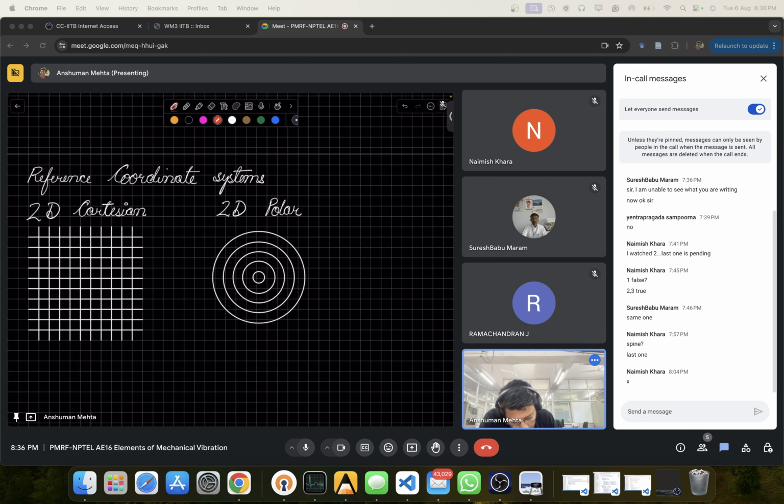For any point, first of all we have to pick an origin. Let's say this red point is the origin, and this blue point is some point whose coordinates we wanted to know. Then we have to know about the x axis and y axis of it.